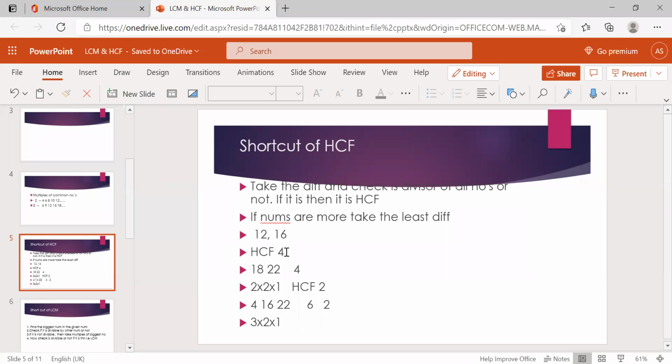We saw that by using the shortcut. Just take the difference, and check whether that difference divides both numbers or not. If it divides, then it is the HCF. Otherwise, just take the factors or multiples of those numbers. 2 will divide these two numbers, then the HCF is 2. Like that.